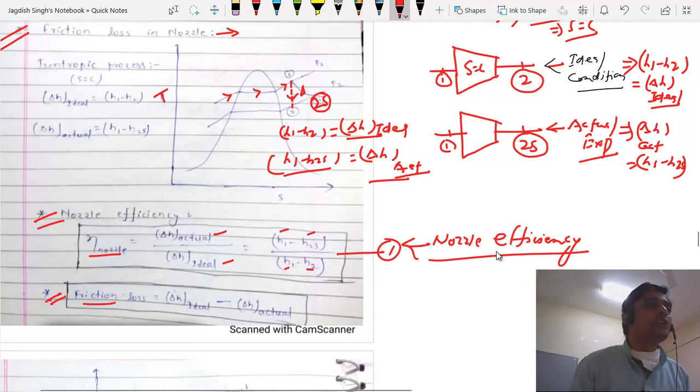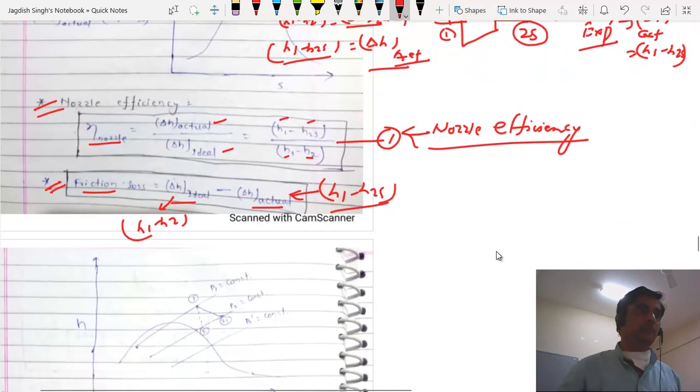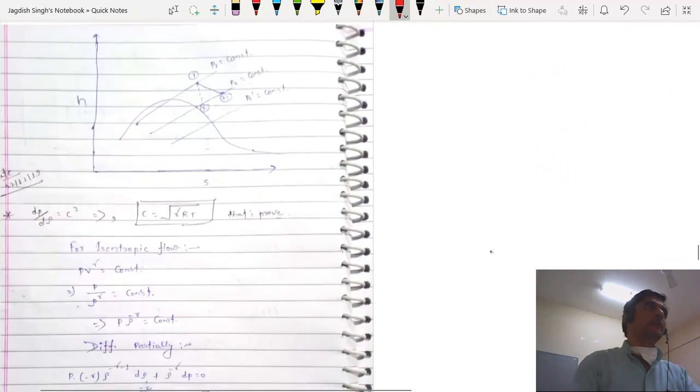The friction loss is equal to del H ideal minus del H actual. Del H ideal is H1 minus H2, and del H actual is H1 minus H2S. This is called friction loss inside the nozzle. This situation is plotted on the HS plot.